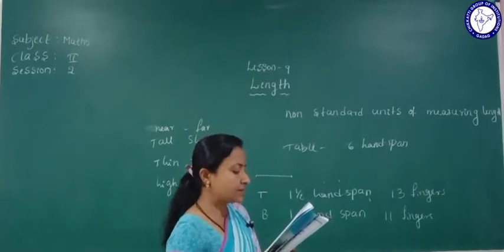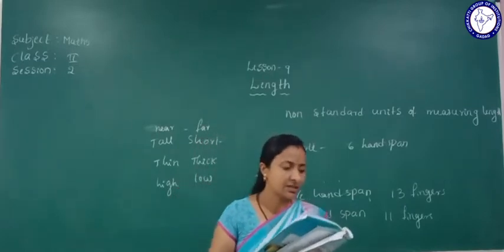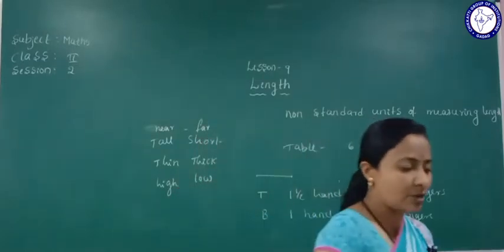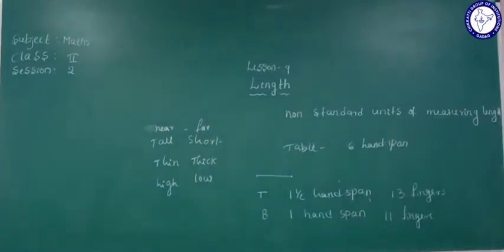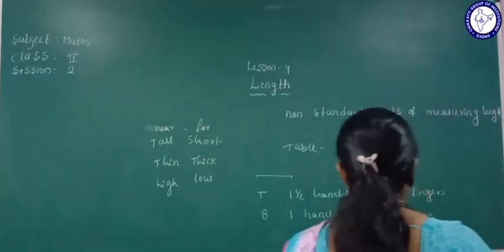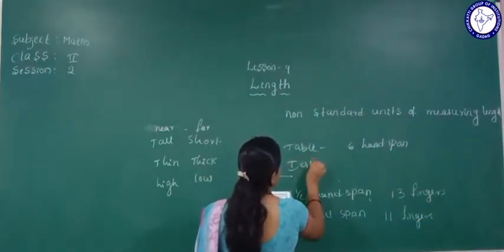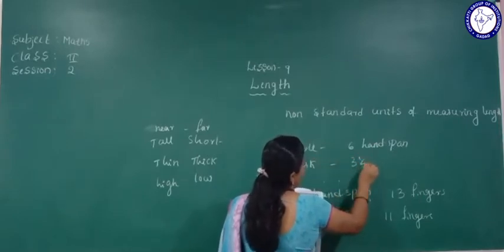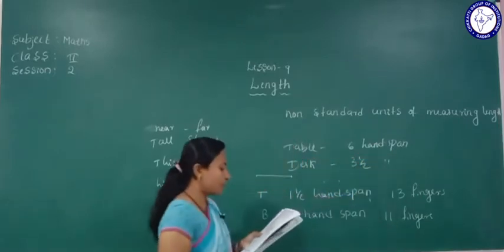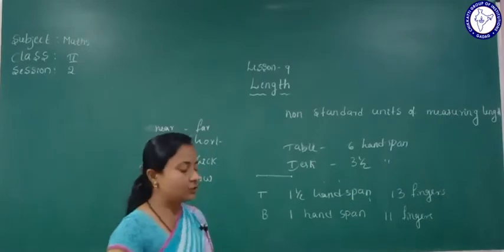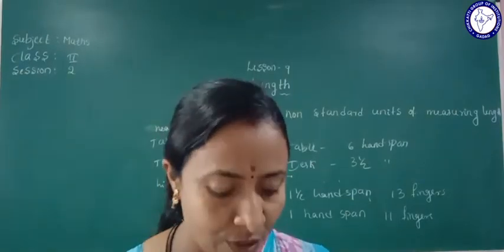And the desk. Measuring the desk, small benches are there, so it's 1, 2, 3, 3.5. So the desk measuring is 3.5 handspans. Now we will measure the blackboard in handspans.